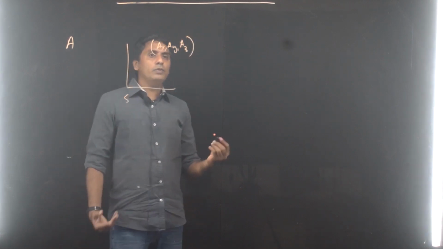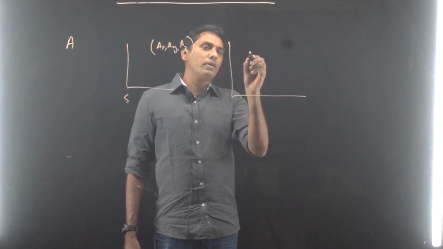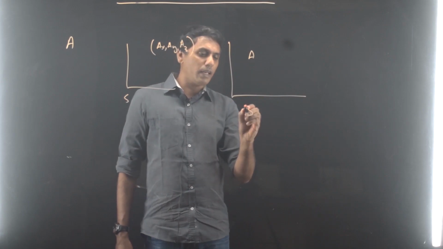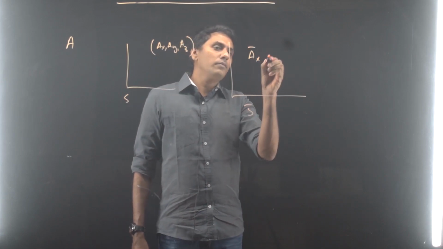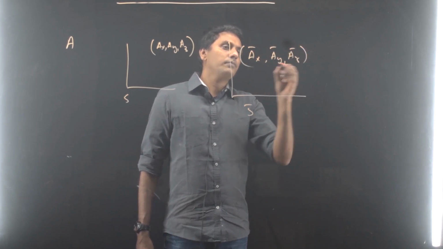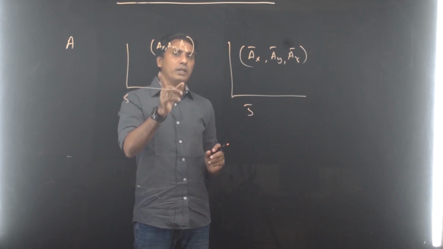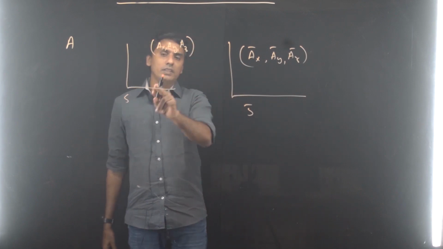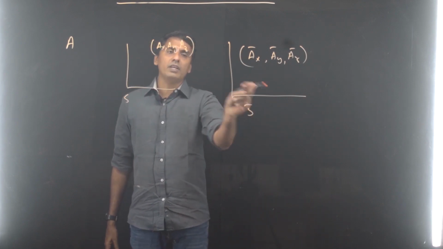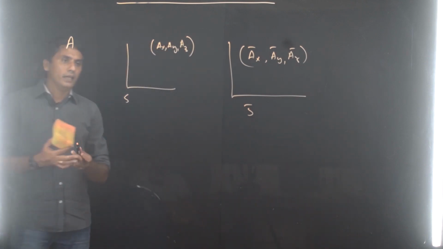Suppose you take another coordinate system, which I call S bar, where the same vector has components Ax bar, Ay bar, Az bar. If it is a vector, there should be a clear-cut transformation from coordinate system S to S bar and vice versa.